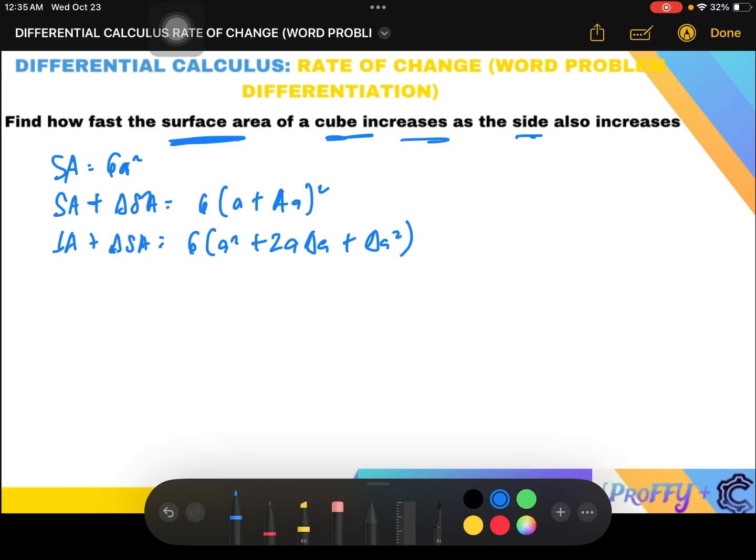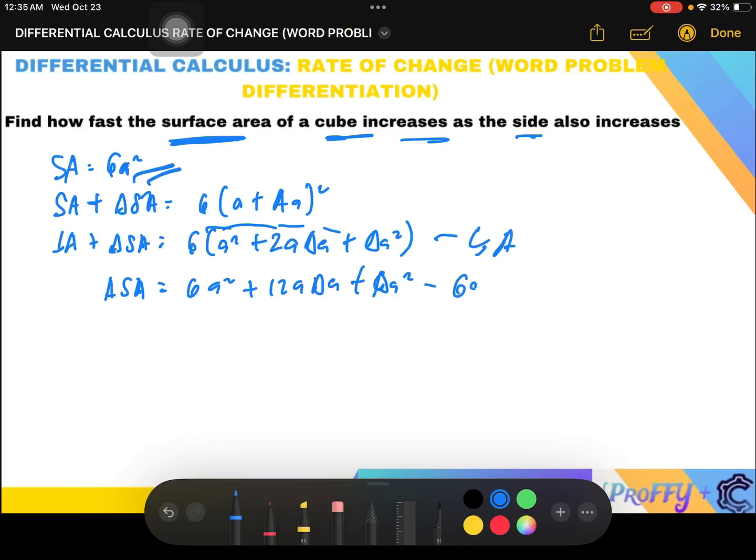Next, transpose the SA. So 6a squared, distribute muna natin, plus 12a delta a plus 6 delta a squared, minus SA. The value of SA is 6a squared, so cancel. Ang natira is delta SA equals 12a delta a plus 6 delta a squared.